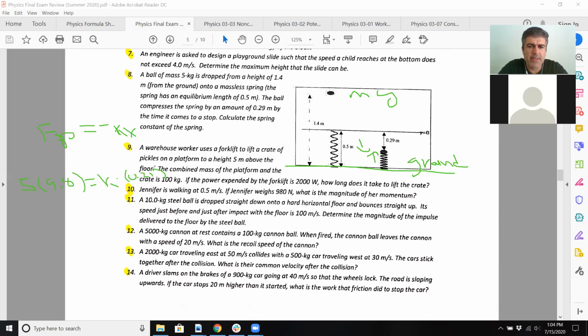I think this is irrelevant because we're not dealing with energy so much. But let me double check a formula sheet here.